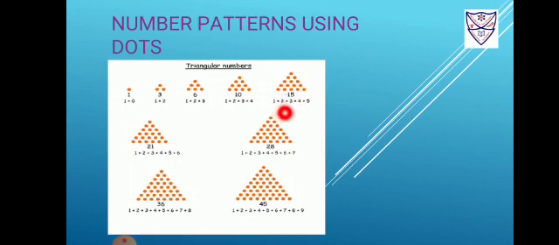15 is 1 plus 2 plus 3 plus 4 plus 5. So using 15 dots, the pattern is formed. But what is the rule? That it is added above. So till 10 dots is this design, and above that 5 more dots will be added. Now, students, 21. So using 21 dots, what is the rule? The number is increased by 1.